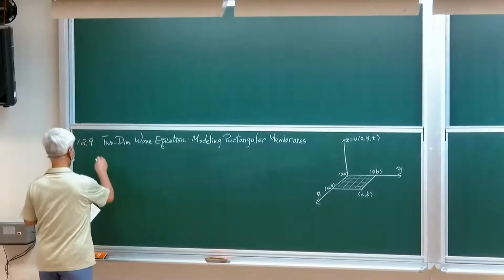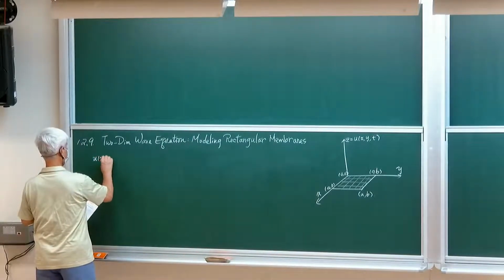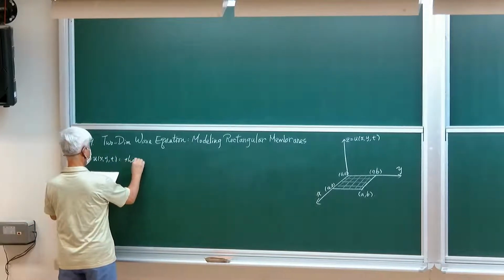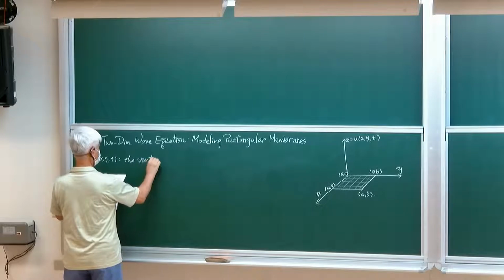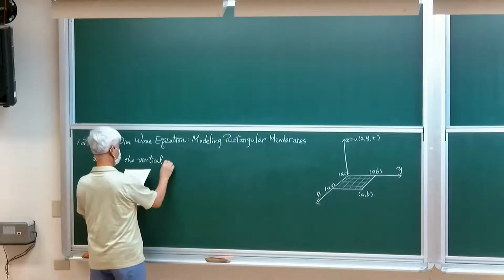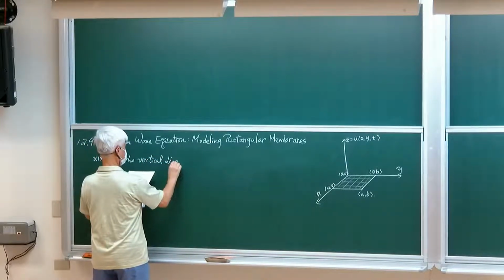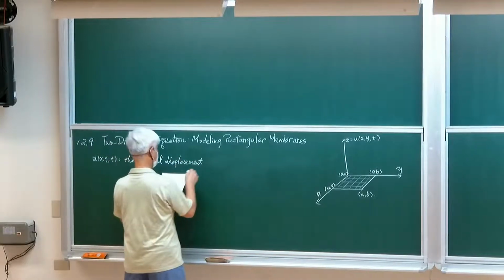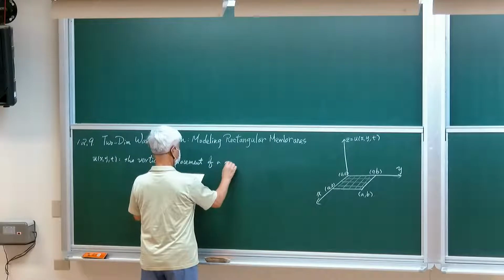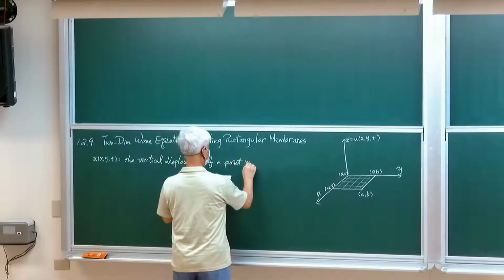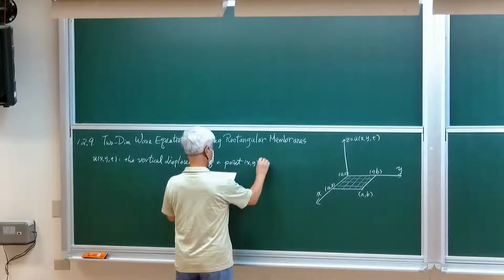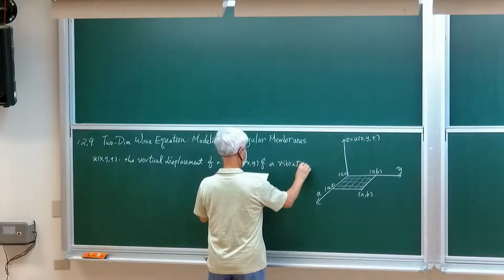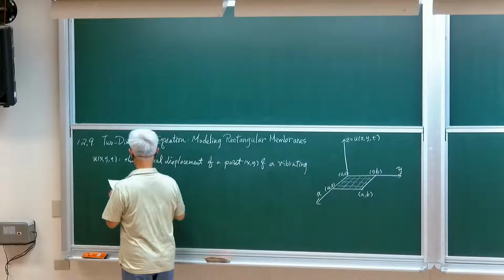All right, so u of x, y, t is the vertical displacement of a point x, y of a vibrating rectangular membrane.